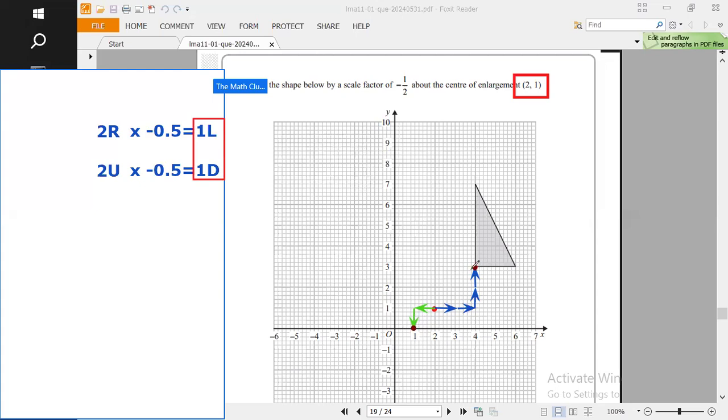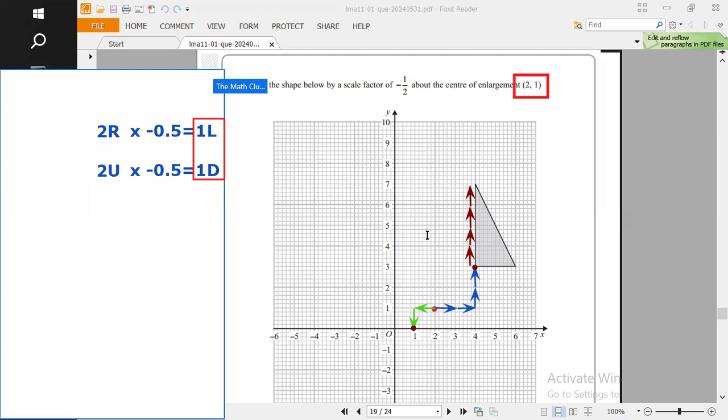Finding the place of the new point is the first step of enlarging any shape. Now, I'm going to check the movements from the point on the shape so we can find the movements on the new image. First, from this point on the shape here, you have to go 1, 2, 3, sorry, 4 up to find this point.